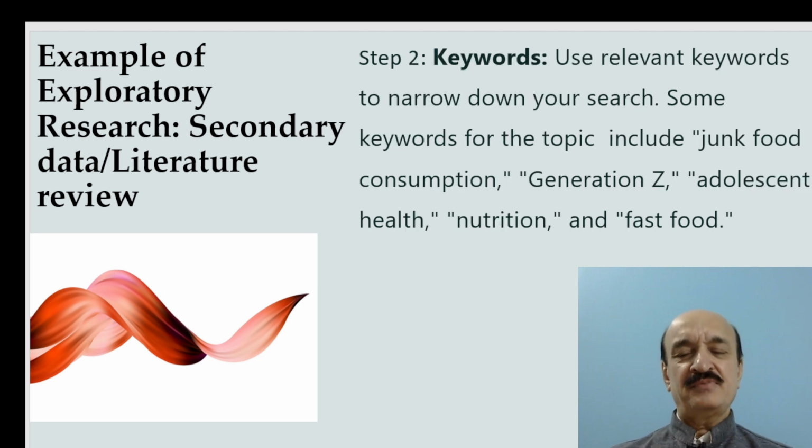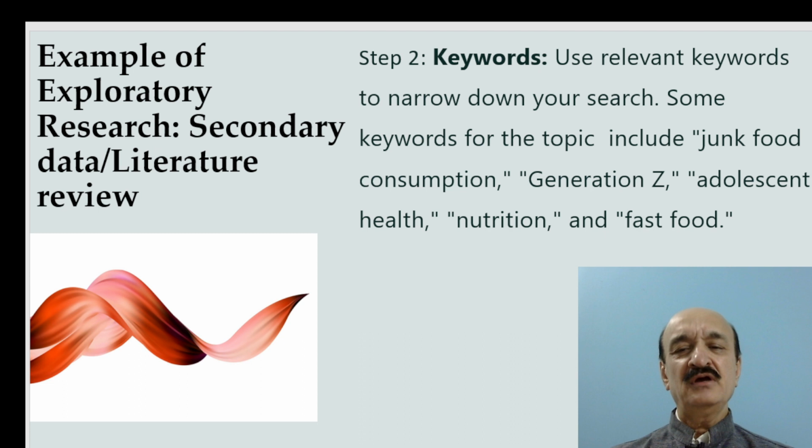The second step is how do you really start doing the search? So you have to use keywords, which probably everyone is aware of. You should use relevant keywords to narrow down your search. Basically, there will be umpteen number of topics which will be related to one or two keywords in your research topic. But you have to be very specific about your topic.